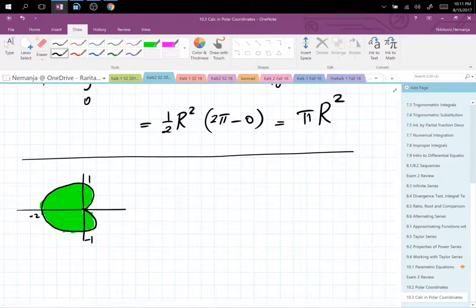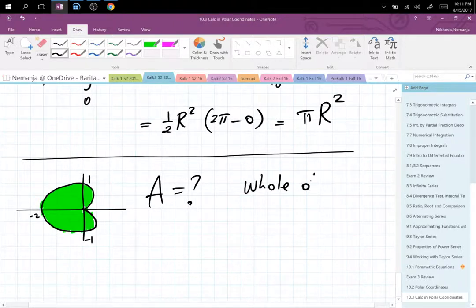Well, first, area equals question mark. First we observe that I want the whole object. That means 0 to 2 pi, and those are your limits.